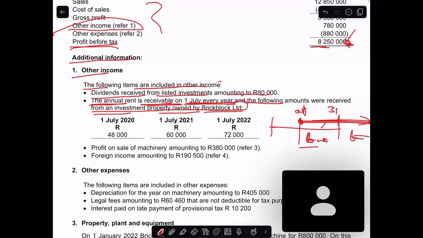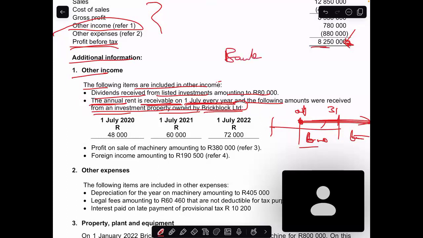All right, let's take it this way. What do we do with the income received in advance in accounting? Right, we have received the rent in advance. What are we going to do? We are going to debit bank.